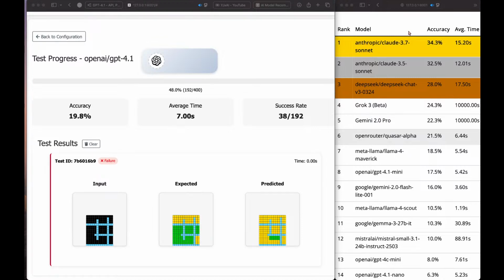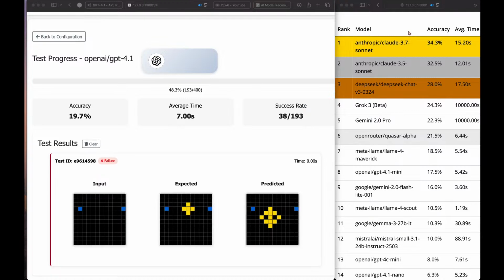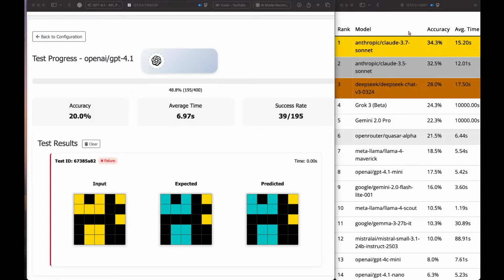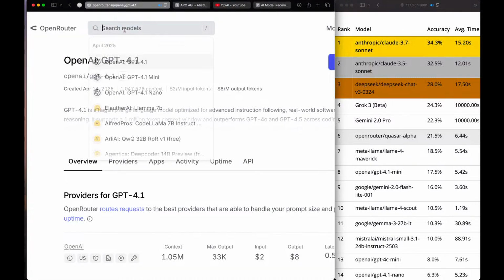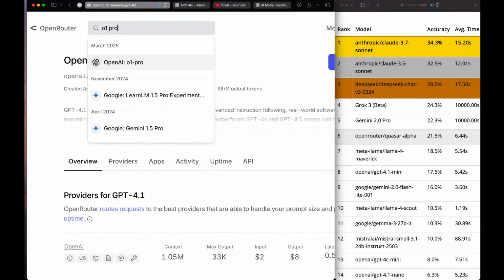O4 mini pricing will cost $400 just making a website. I hope that doesn't happen. I mean, the price of O1 Pro is unbelievable.